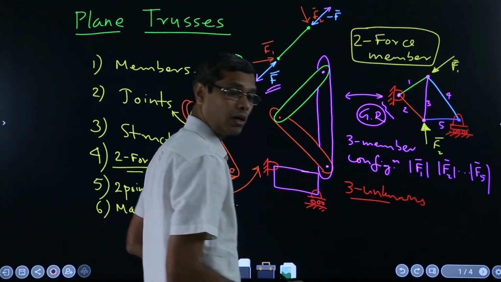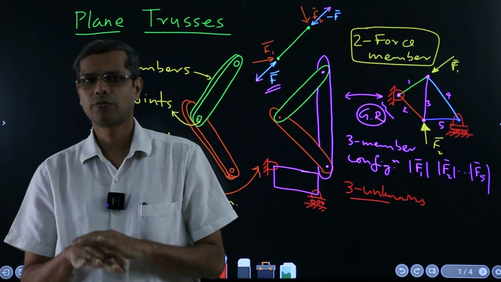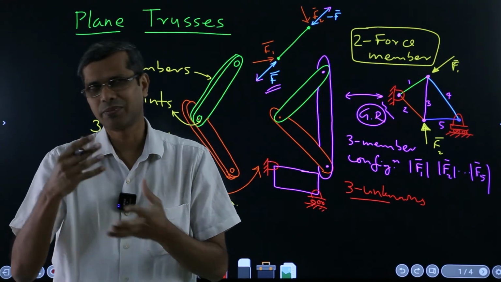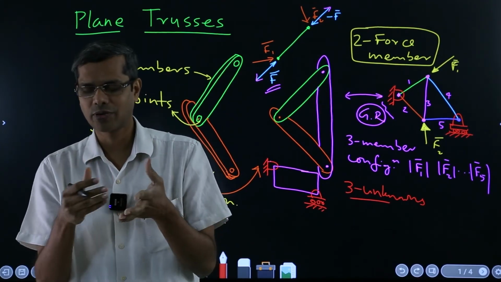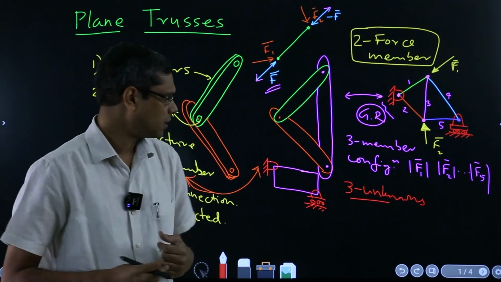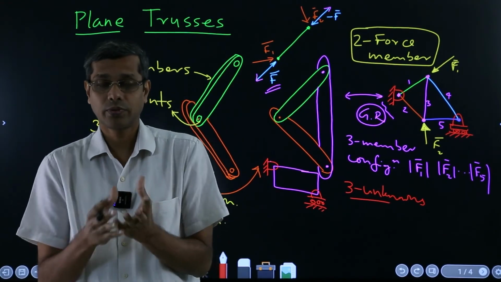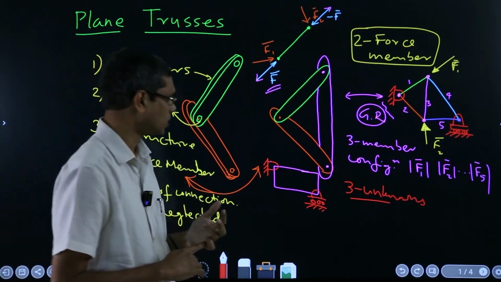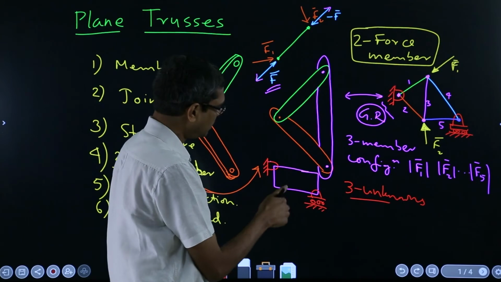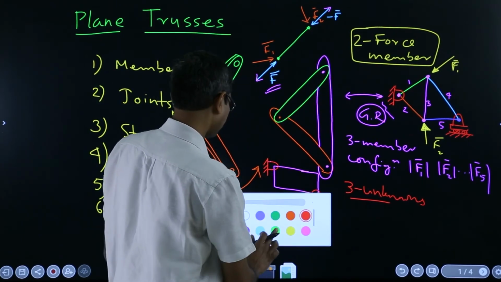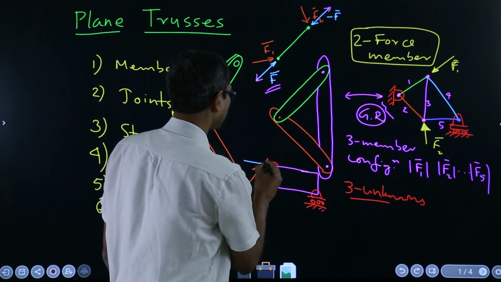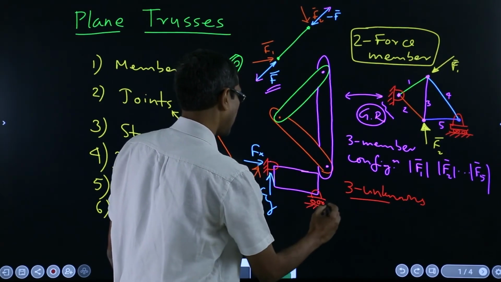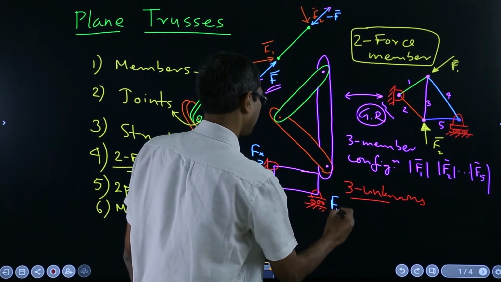Because if remember, in the most general conditions of loading in 2D, we said that we can write maximum 3 equations. That means, for example, 2 forces in Fx, Fy and a moment like that. Now if we write maximum 3 equations, then we can solve for maximum 3 unknowns. So that means in this case it will have, say, Fx, Fy and here, say, Fy prime.